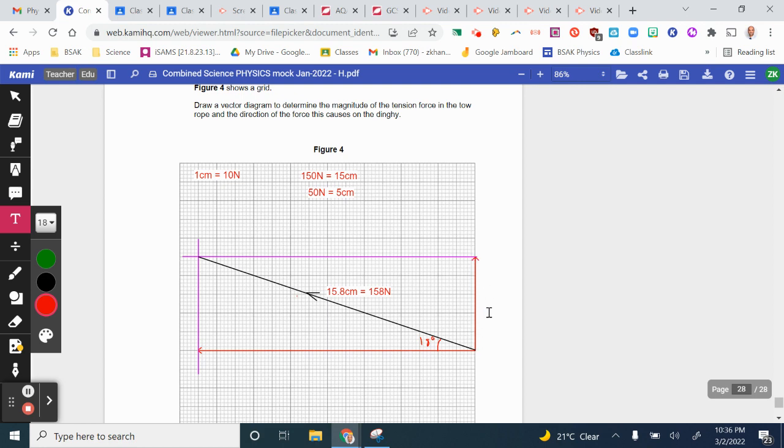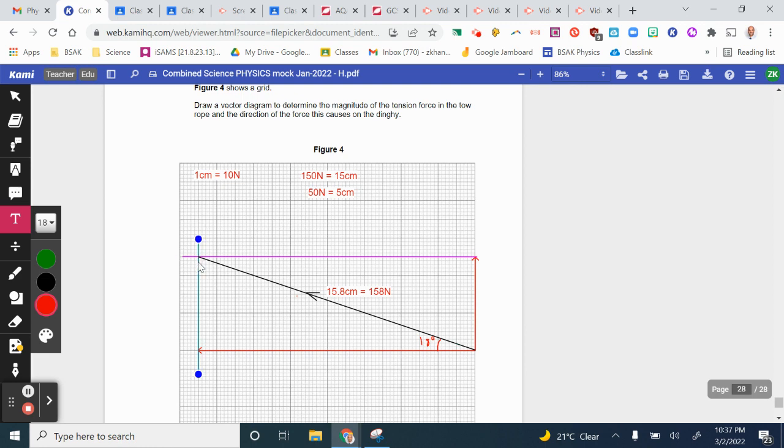Now, once I've done that, I am then going to create a parallelogram. So this line here is parallel to this force arrow, and this line here is parallel to this force arrow here.